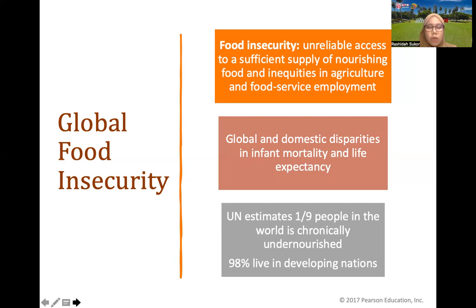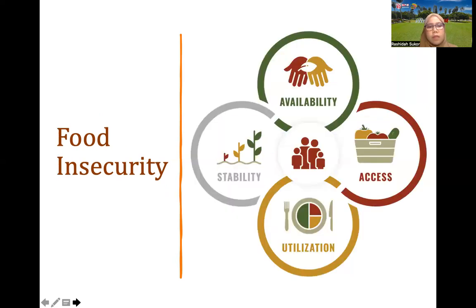So that's why when we do a lot of research, we have to focus on developing nations, and you see a lot of research grants are given to tackle global food insecurity problems. When we talk about food insecurity, we talk about 4 pillars. One is availability of the food. Number 2 is access to the food.